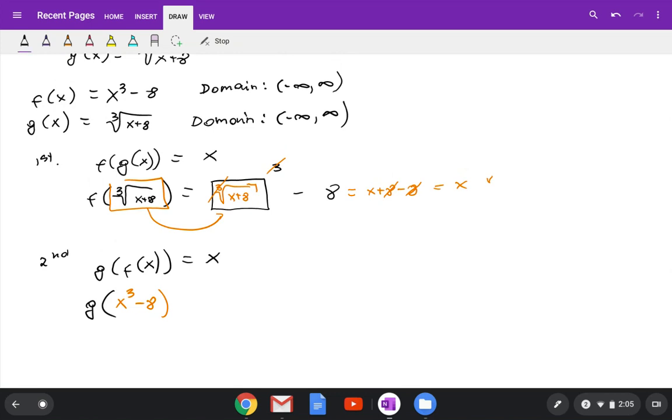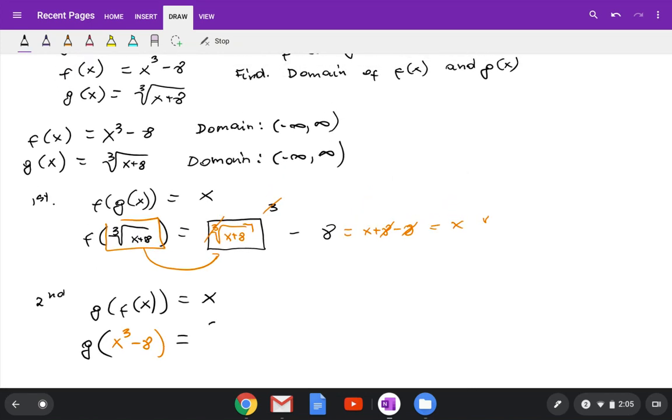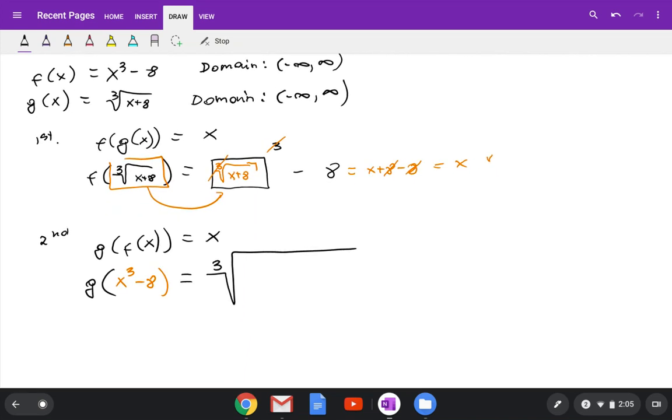We copy the equation of function g, which is cube root, and where we used to have x, we plug in function f. So we replace x with function f, which is x to the third power minus 8, and we're going to simplify.